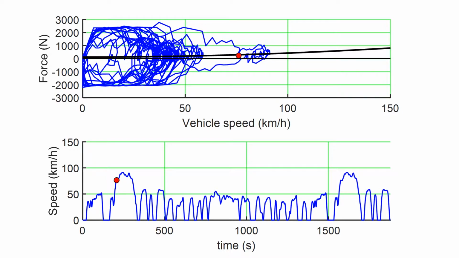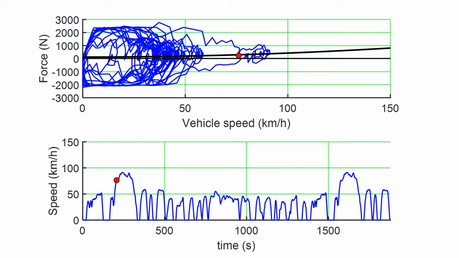For instance, the speed is never really constant for any longer time period, and due to the bigger variation in speed and acceleration, the operating points are more spread out in the force speed diagram. By plotting the operating point trajectory, it is possible to see how the powertrain will be used during the analyzed driving cycle.